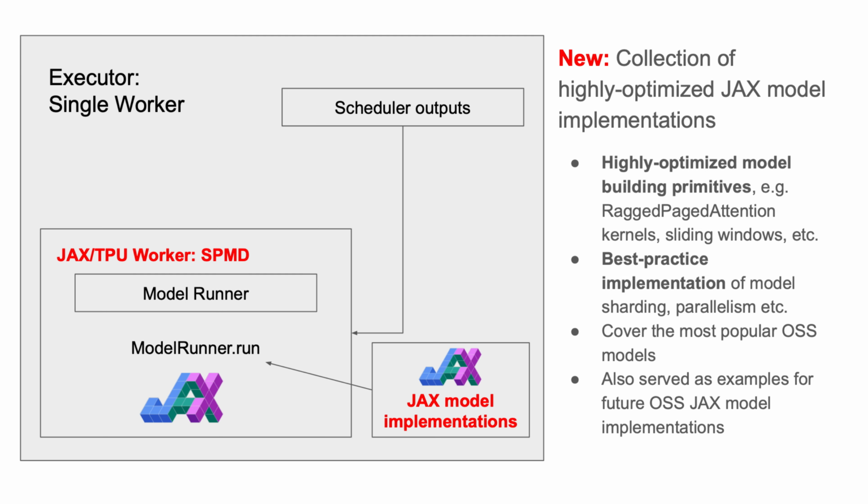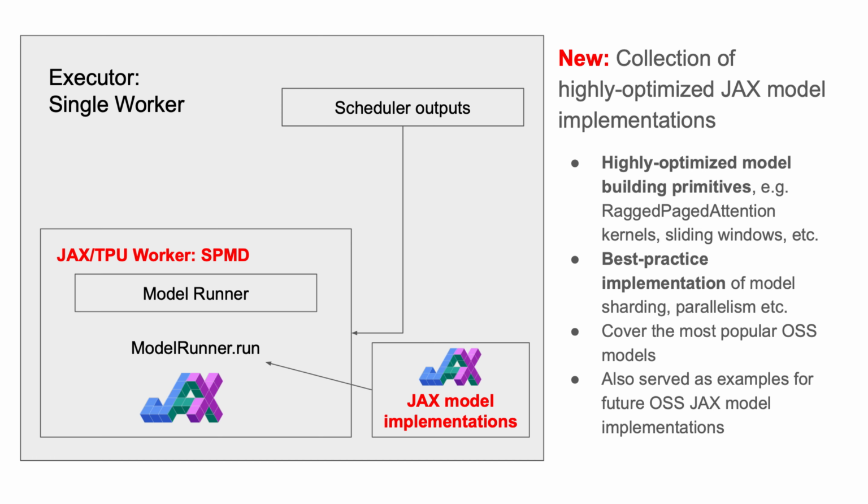And in addition to that, the new JAX TPU backend will provide you a collection of highly optimized JAX model implementations. In this collection, we implement various highly optimized model building primitives that new researchers and model developers can leverage in order to build a new custom model.